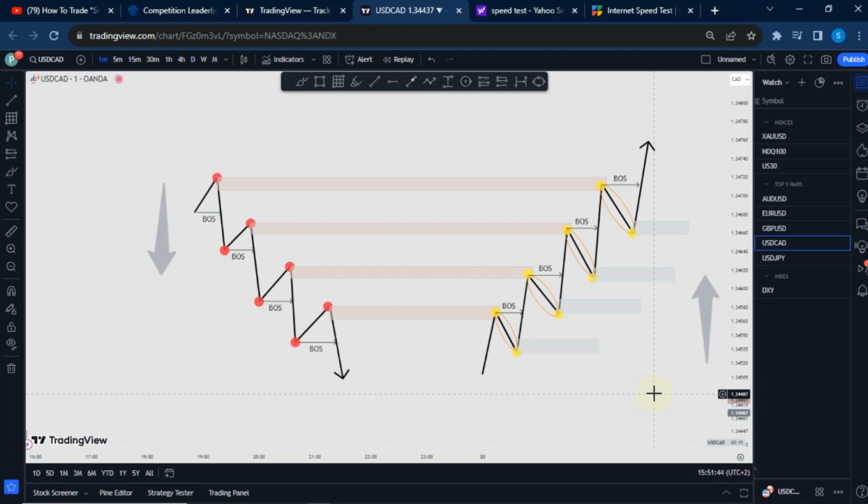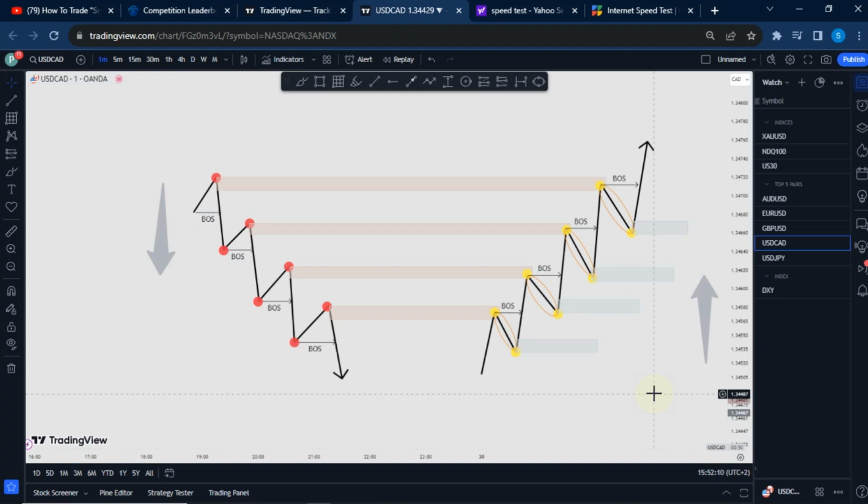Once we start from our daily time frame, we will understand the overall movement. Once we understand the overall movement, we'll understand whether we are in an uptrend or a downtrend. And by understanding so, that's when we can take advantage of the market, buying or selling. Hope you understand that, guys.